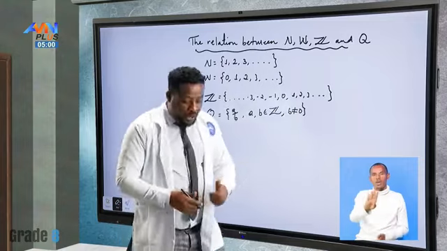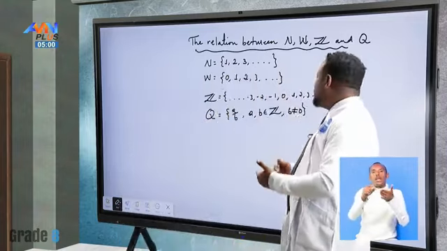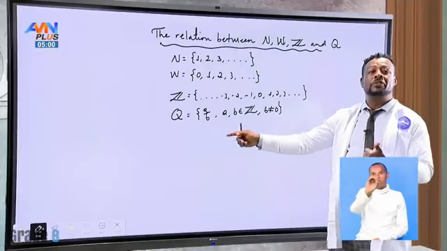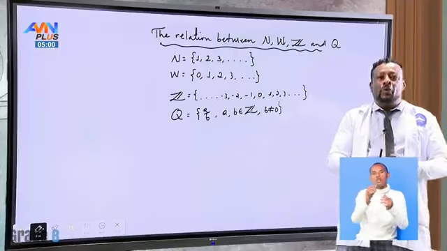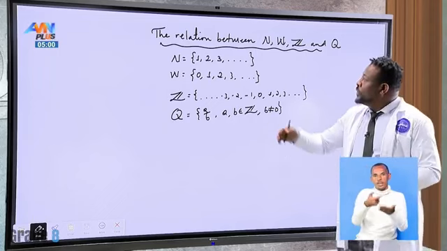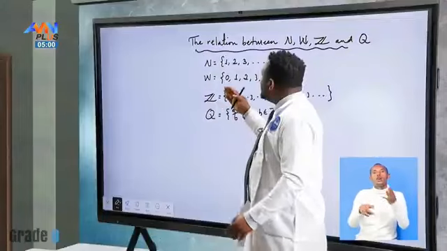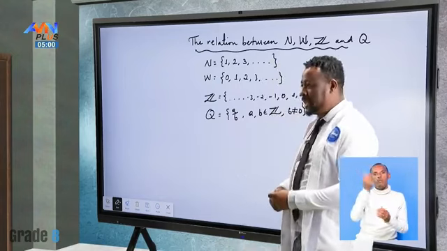This b, or the number which is written in the denominator, should be different from 0. Otherwise, the fraction a over b will not be defined, right? So these are the four different sets of number that we have seen in our previous class.